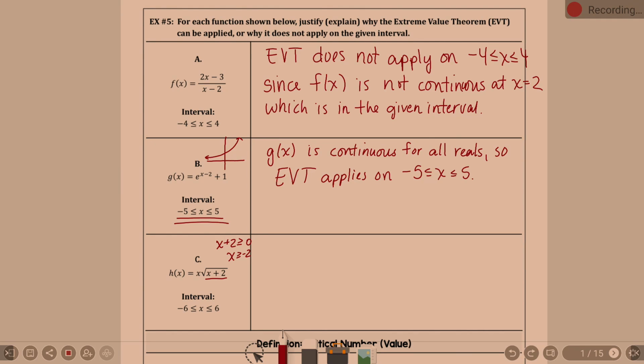Okay, and here's the key. What interval are we talking about? Negative 6 to 6. You could throw this in the calculator to verify, but based on the fact that h of x is continuous for x greater than or equal to negative 2, EVT cannot apply from negative 6 to 6 because it needs the whole thing.